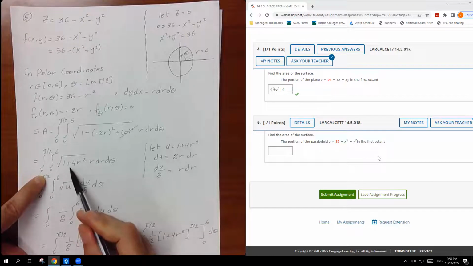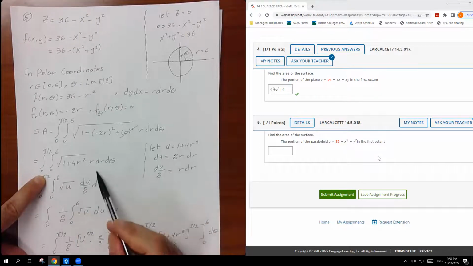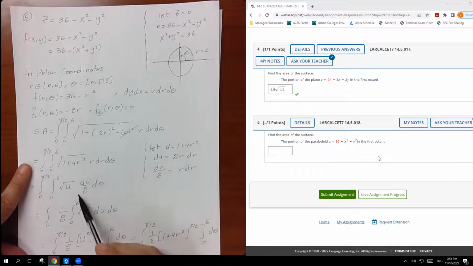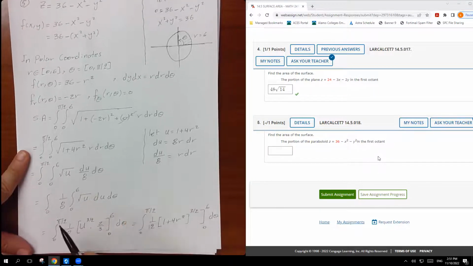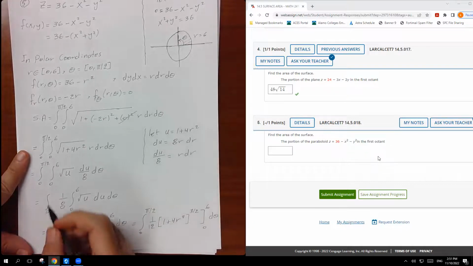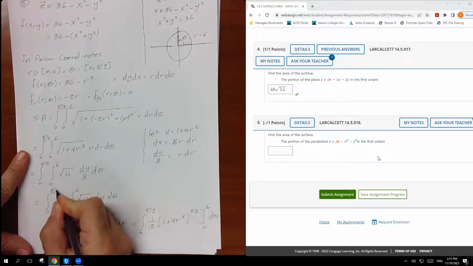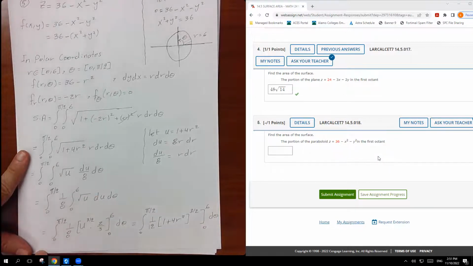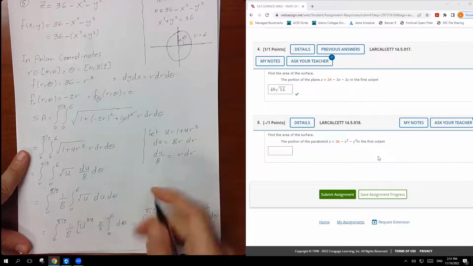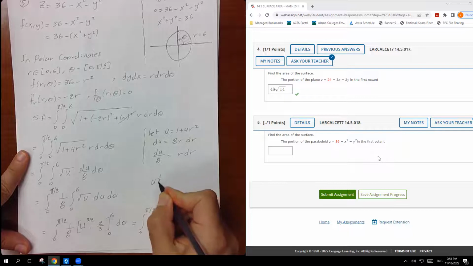Now plug in u, and r dr is going to be du over 8. Take 1 over 8 out. The integral of the square root of u du, d theta, from 0 to pi over 2. Find the integral of u to the power 1 over 2.